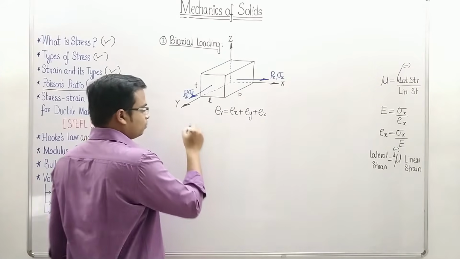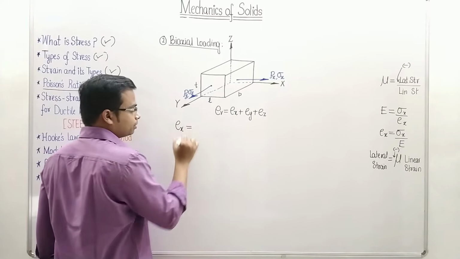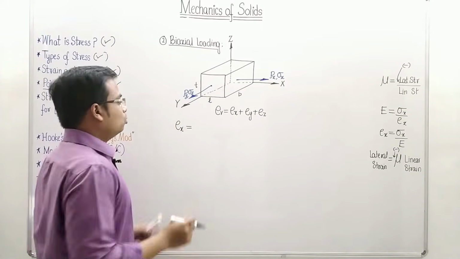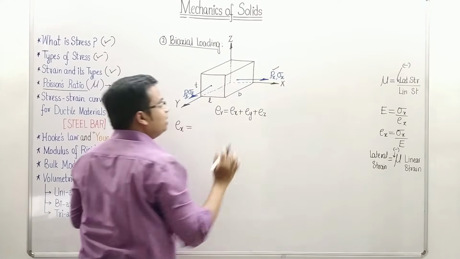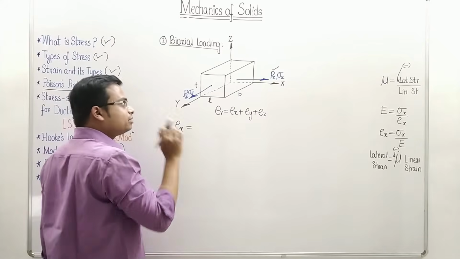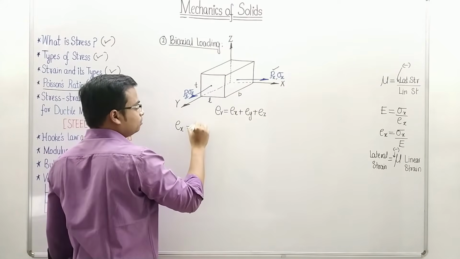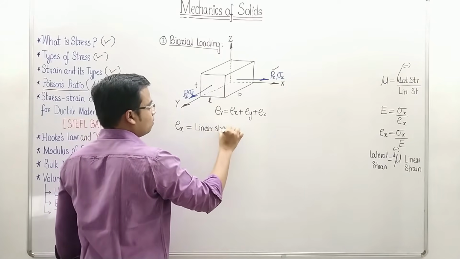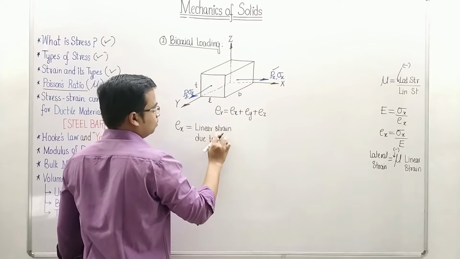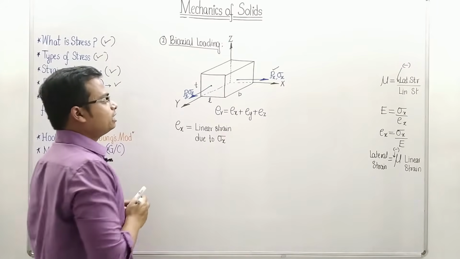Let's see. First of all, let's work out Ex. The load acting along the x direction is Px, and because of Px there is going to be linear strain due to sigma x. So Ex includes this linear strain. What else is happening along the x direction?